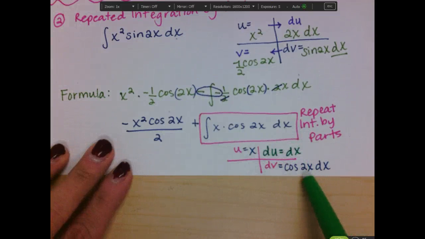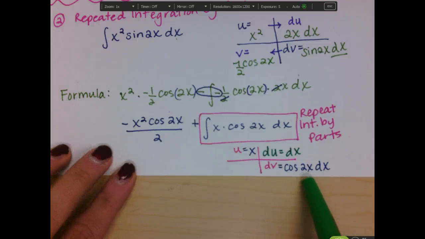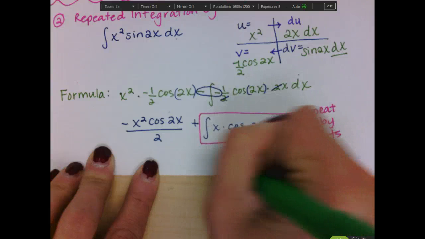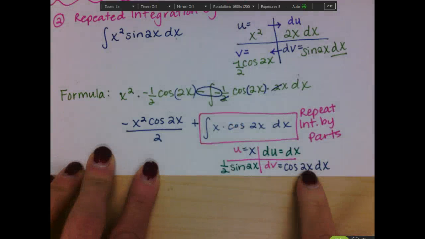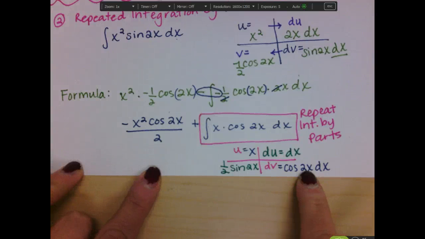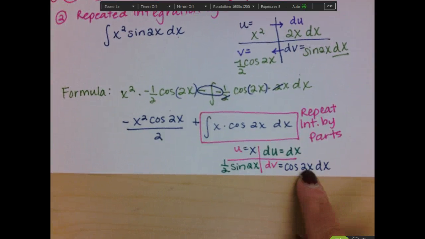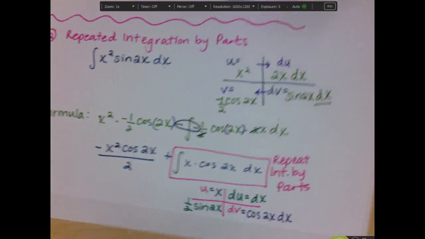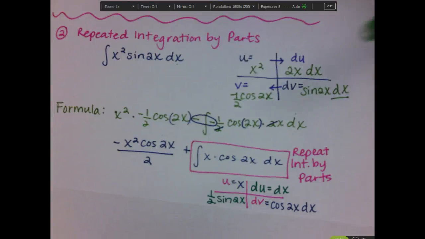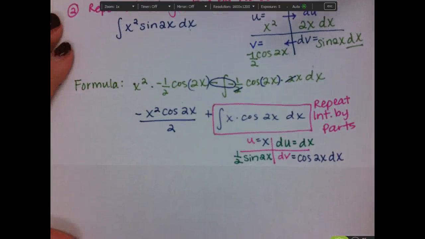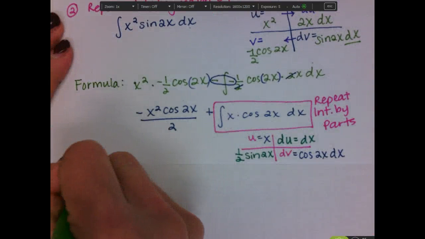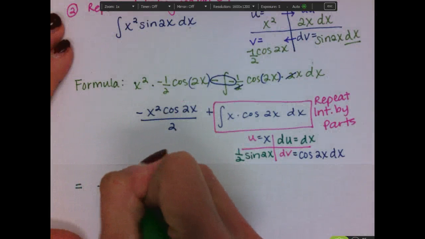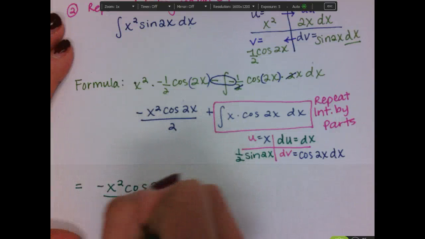The antiderivative of the cosine of 2x is going to be the sine of 2x, but multiplied by 1/2 to adjust for that double angle. Alright, I'm going to need some more paper here, but we're almost done. So what we have is this first term, which came from our first iteration of integration by parts.